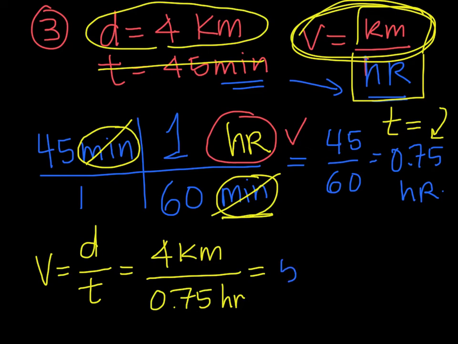So I get 5.3 kilometers per hour. It's not too bad. He was riding his bike. That's going pretty good. So now we're going to go on to number 4.